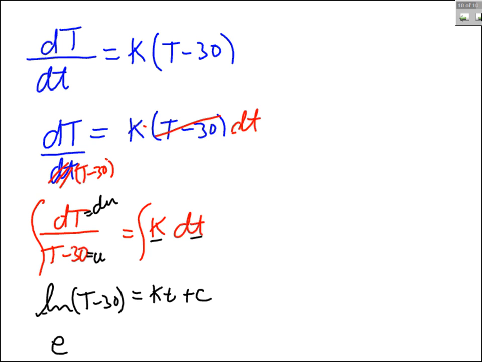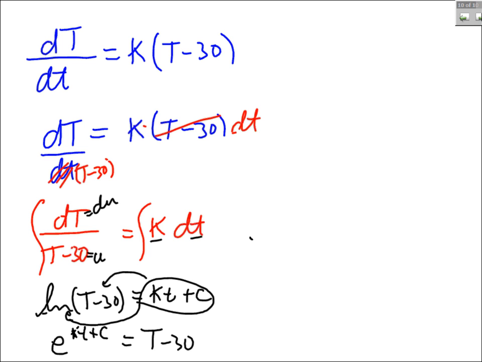There's a base e here. e to the other side is equal to what you take the ln of. e to the kt plus c is T minus 30.